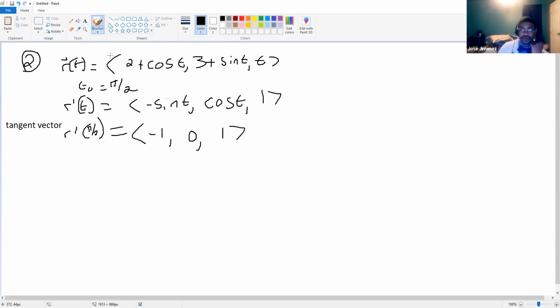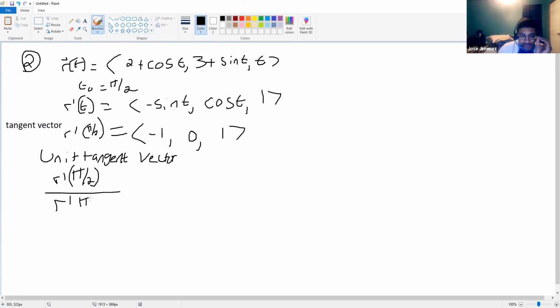And now our next step is we're going to find the unit tangent vector. I should type that out also. Unit tangent vector. Unit tangent vector is basically what we're going to do: we're just going to take r prime of our point, in this case pi over 2, divided by the magnitude of that specific vector.